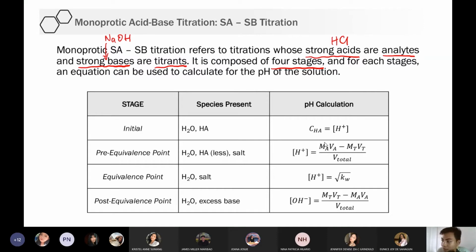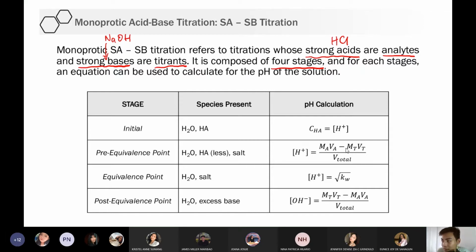In this part, you have the moles of your acid initially minus the moles of titrant added. Bakit kailangan i-minus? Kasi sabi ko nga kanina, when you add base sa acid, nababawasan yung acid. Ito 'yon in equation. Moles ng acid minus moles ng base.